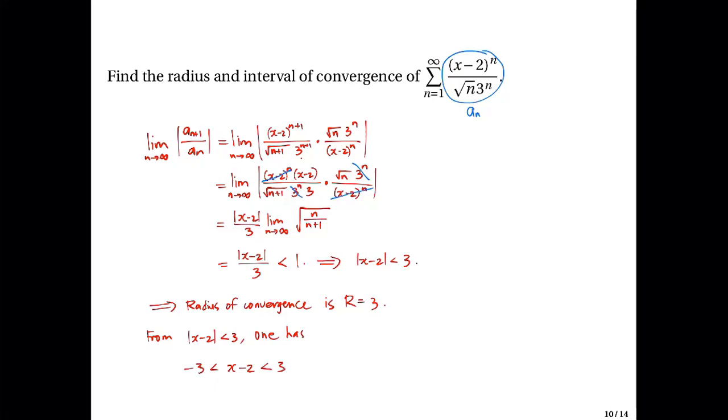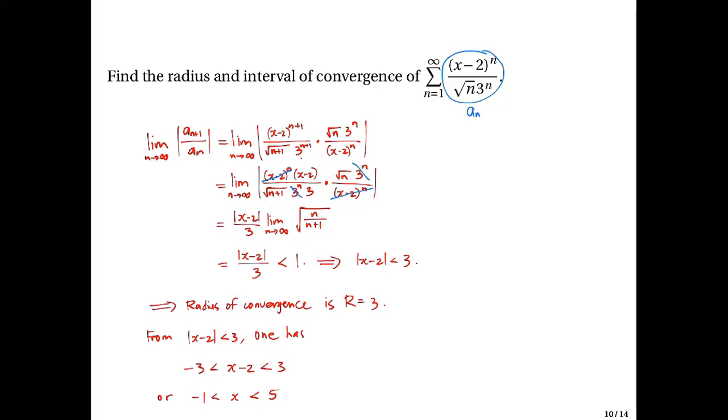If we add 2 on all sides, we get negative 1 less than x less than 5. So definitely the series is absolutely convergent inside this interval, without the negative 1 and positive 5.